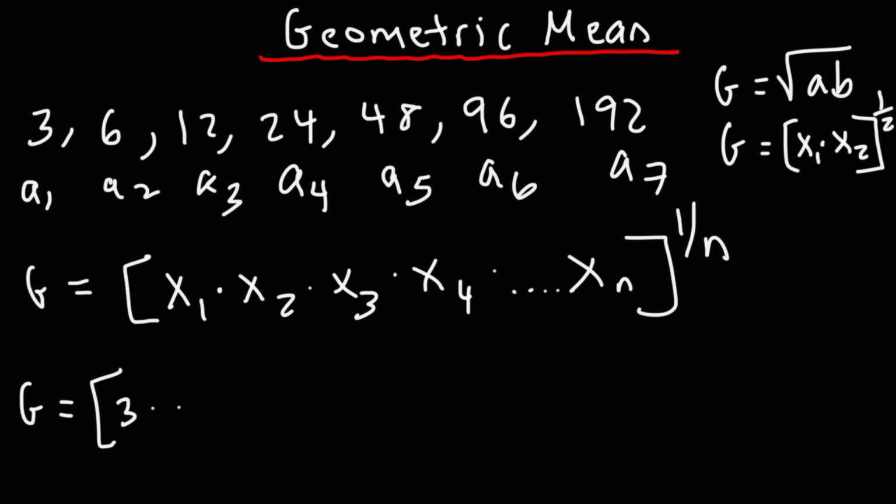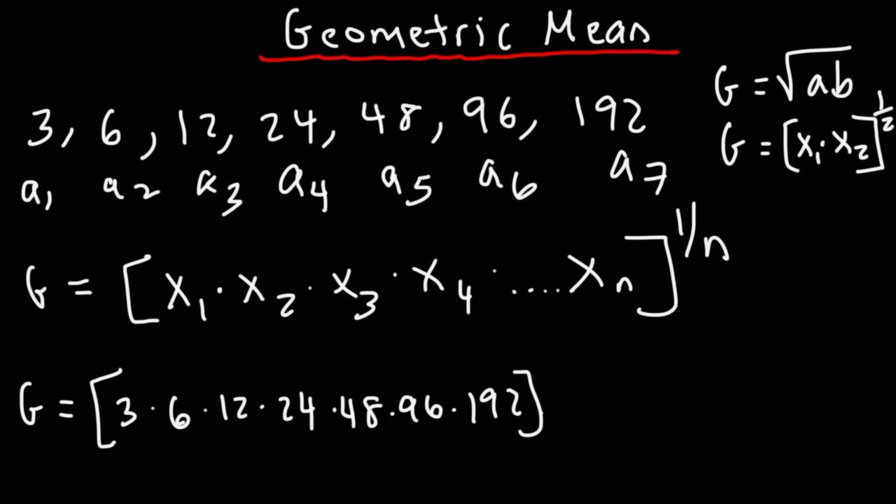So x1 is 3, x2 is 6, x3 is 12, and so forth. And we'll go all the way to 192. So we have 7 numbers here, so we're going to raise this to the 1 over 7.